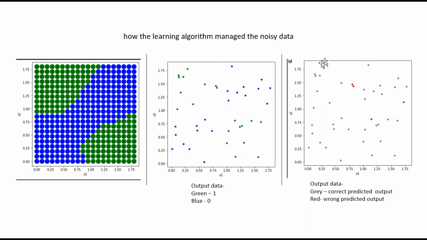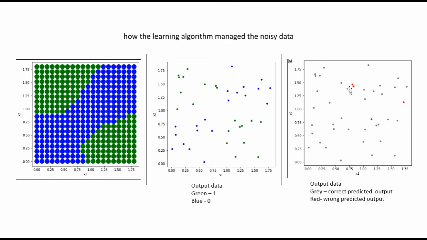There are two noise plots shown here in two different ways. The second graph shows the output data in green and blue, where green represents 1 and blue represents 0.